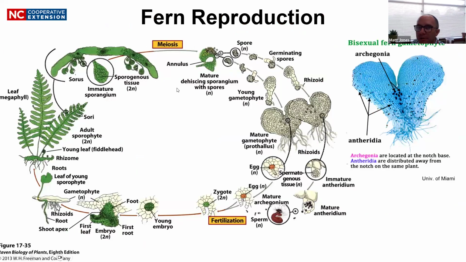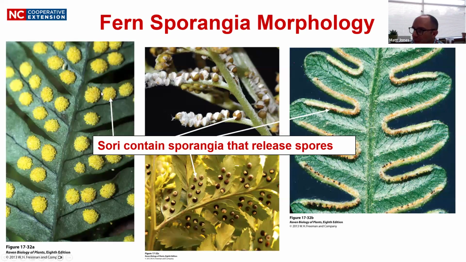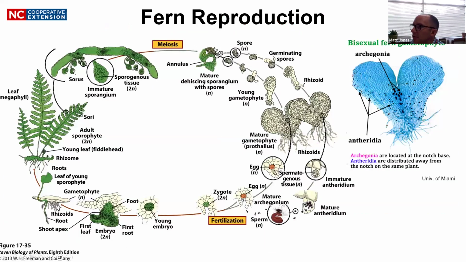The reproductive patterns of ferns are sort of similar to mosses in many ways. From the sori, spores are released. The spores germinate and grow into the gametophyte phase, the gamete plant phase, and they look sort of similar to what you would see in a liverwort or a hornwort. Those structures on the underside contain archegonia that contain eggs and antheridia that release sperm.